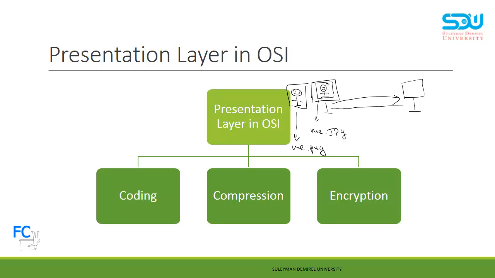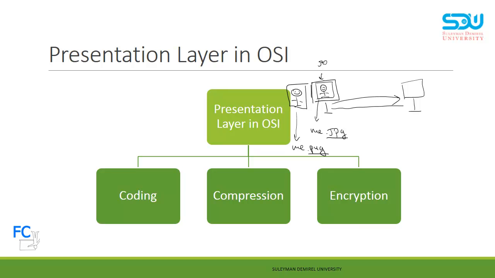But when you are working with different types of files, like here we have the different formats, JPEG and PNG, they have to be coded, compressed, and encrypted by the format of the file. And that is why the sizes of the files can be different.